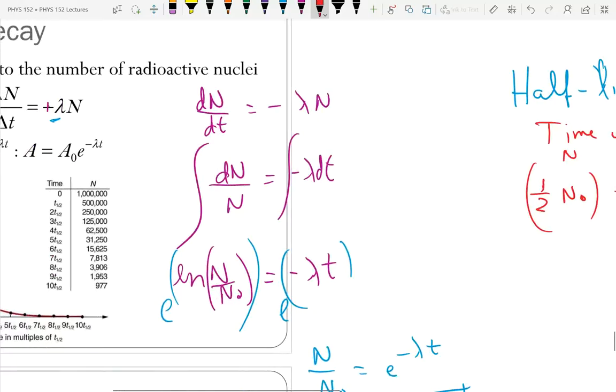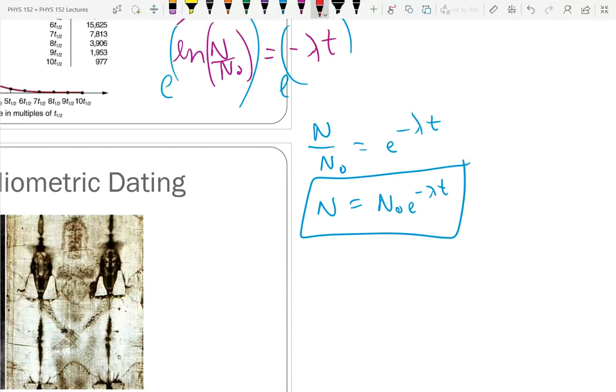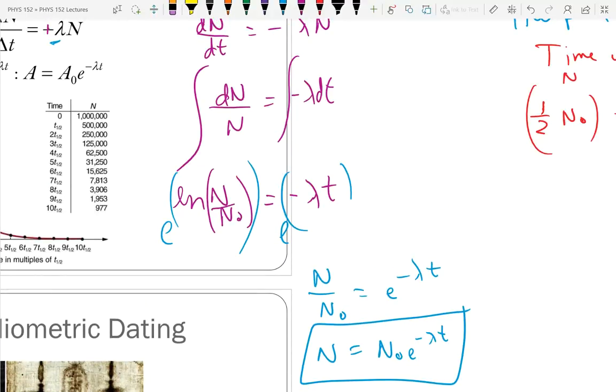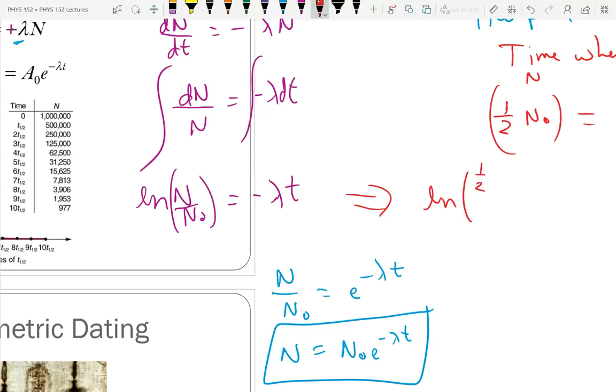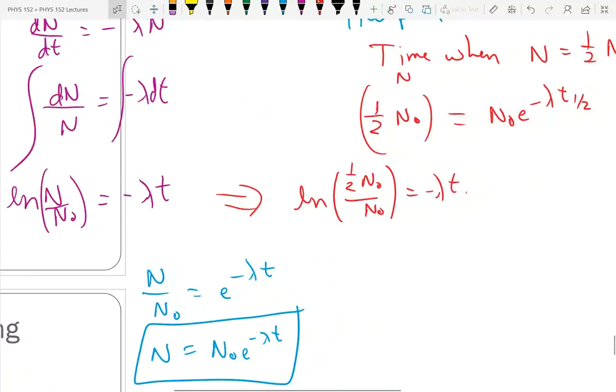It's actually easier if I go back to here before I did the exponential. That's going to give me natural log of 1/2 N0 over N0 equals minus lambda t 1/2. Notice the N0 over N0, those cancel.